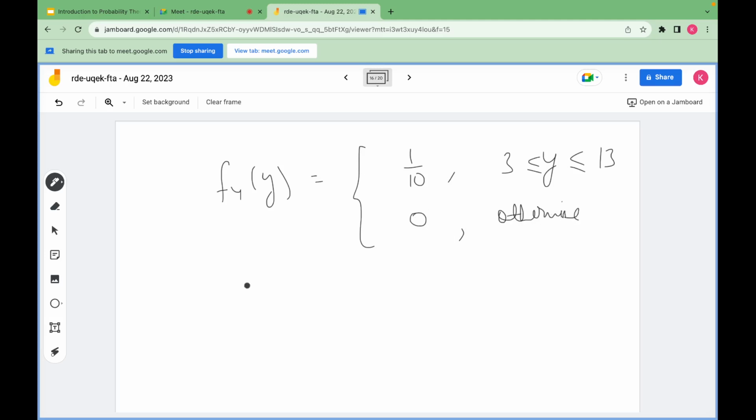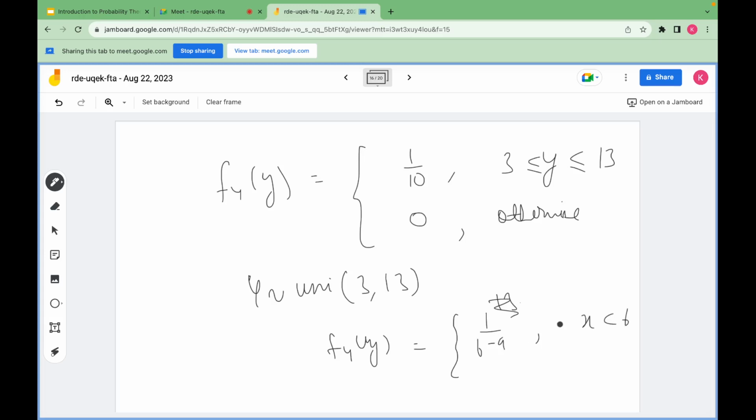This is also a uniform distribution from 3 to 13. So we can see that f_Y(y) is equal to 1 upon (b minus a), where y ranges from a to b. Here a is 3 and b is 13, and 13 minus 3 is 10.